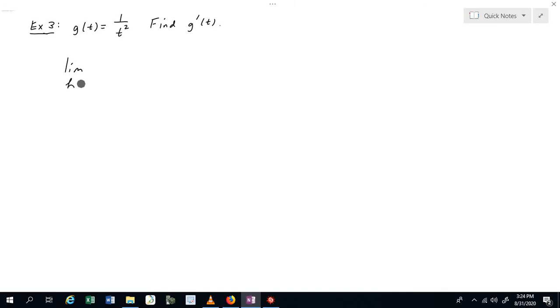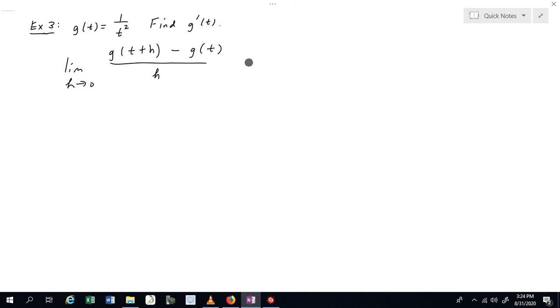It's the limit as h goes to 0 of the function evaluated at x plus h, but in this case it's going to be t plus h because our independent variable is t. So it's g evaluated at t plus h minus g evaluated at t, all over h. And we have to find the limit of that as h goes to 0.